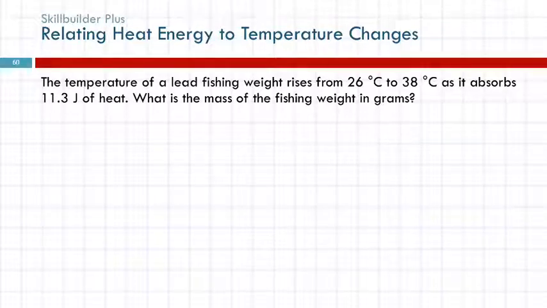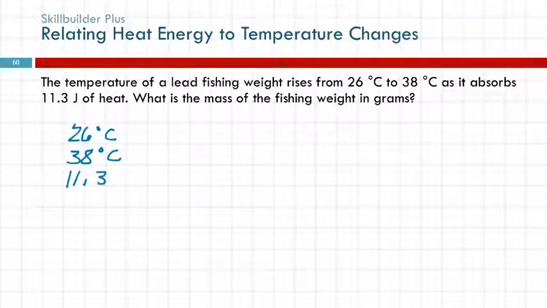Write down the numbers. 26 degrees Celsius, 38 degrees Celsius, 11.3 joules. Well, these are temperatures, obviously. We'll call those T. We need the initial and the final. So from 26 to 38. 38 is the final, and 26 is the initial.